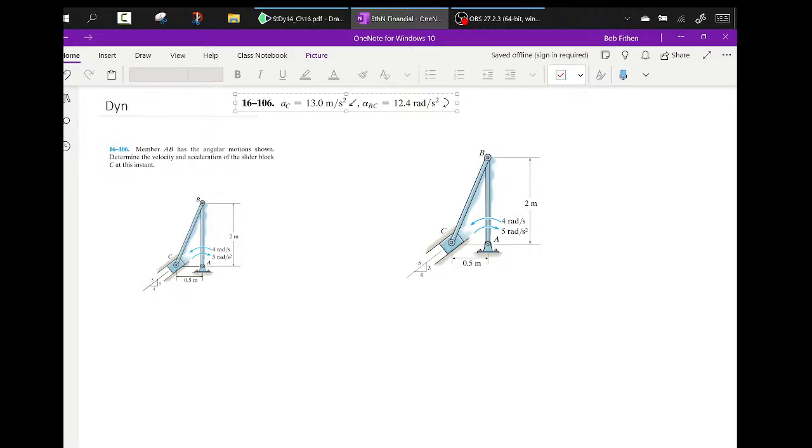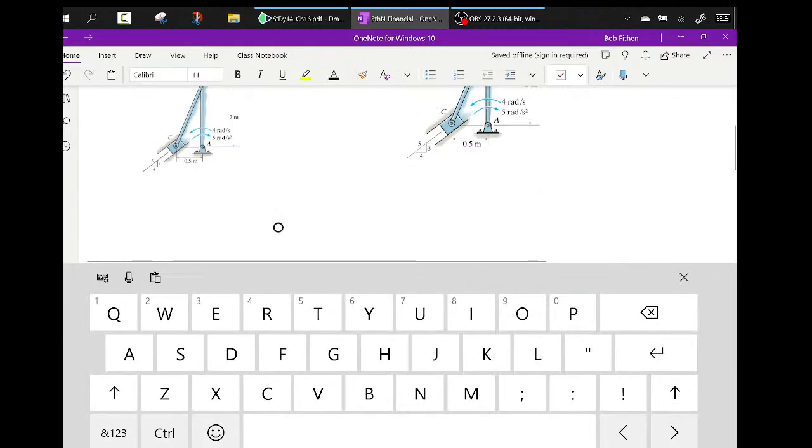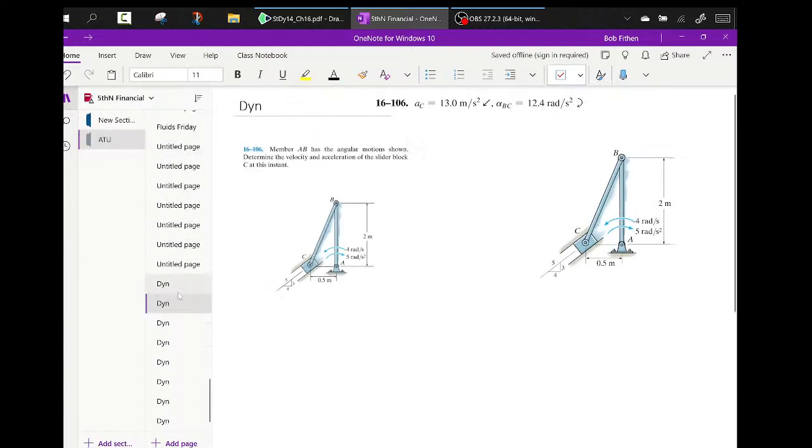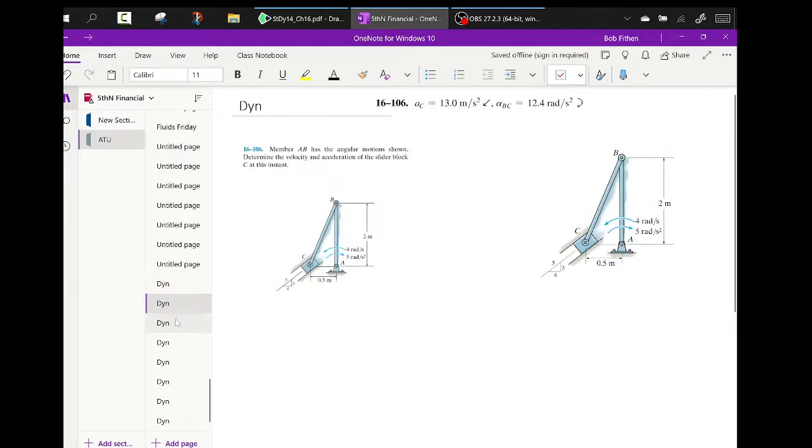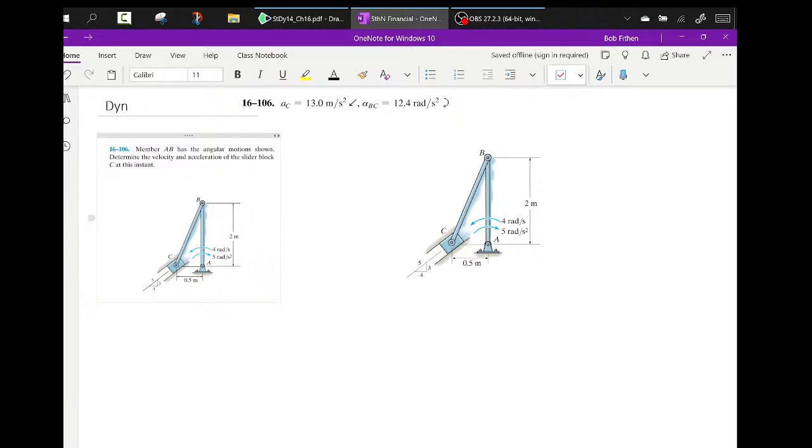So I went ahead and copied a couple of problems here. I think I'll delay on this one and do this one and then this one, but let's see what we can get done.